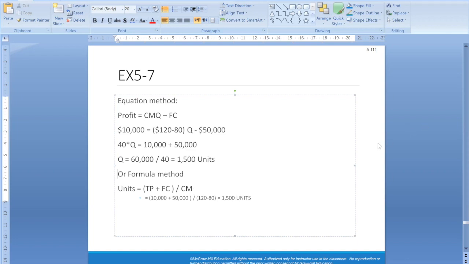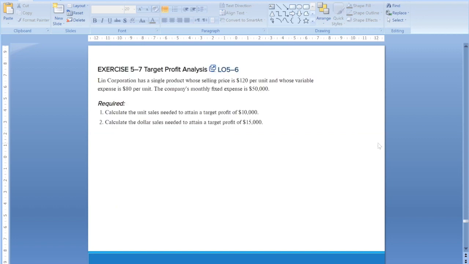Okay, now the second question: calculate the dollar sales needed to attain a target profit of 15,000. Again, we can calculate this question depending on the equation method or the formula method.